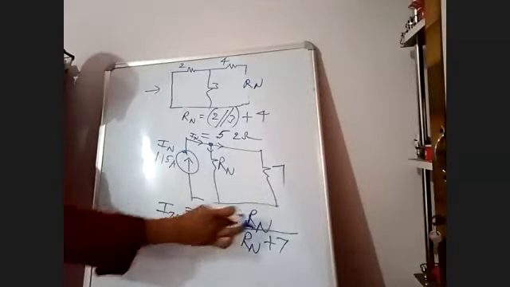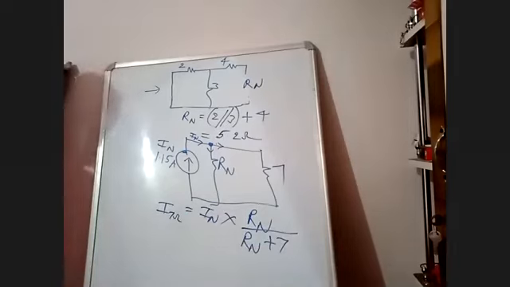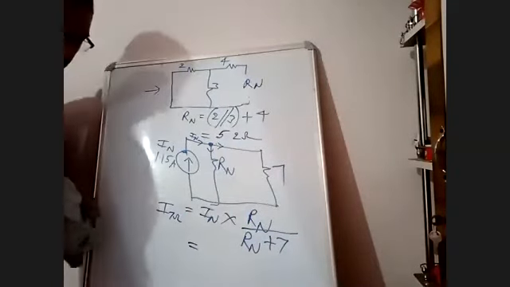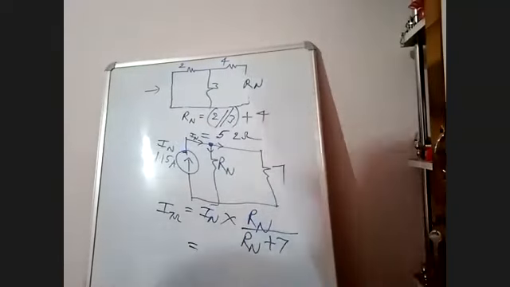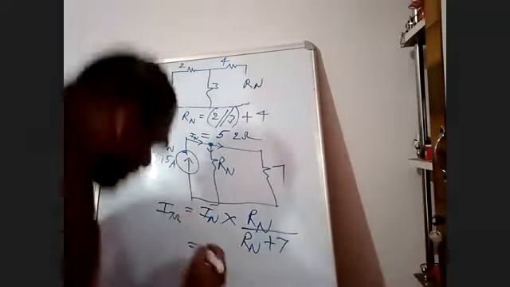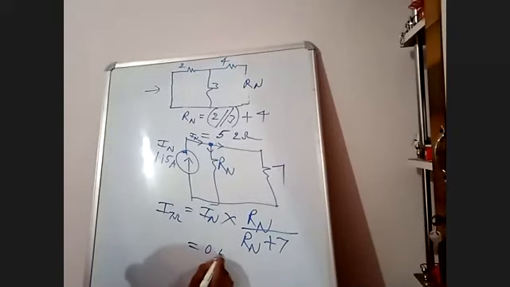So the current is total current into opposite branch resistance by total resistance of parallel branches. That gives 0.49, approximately 0.5.